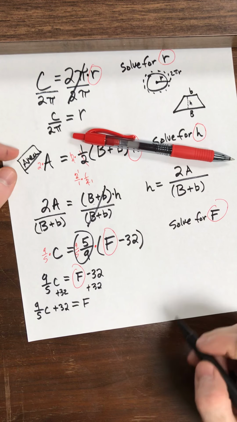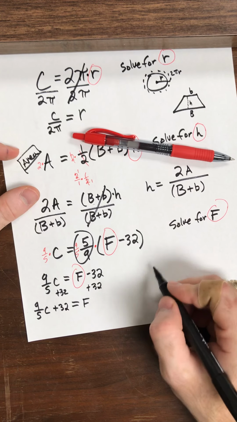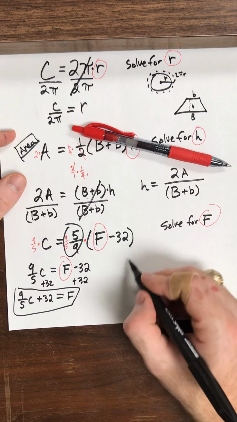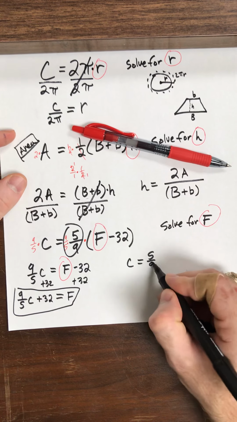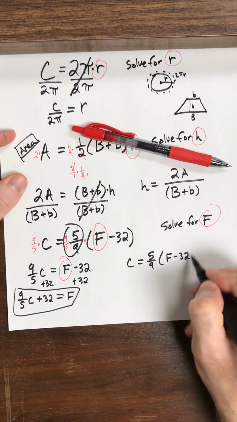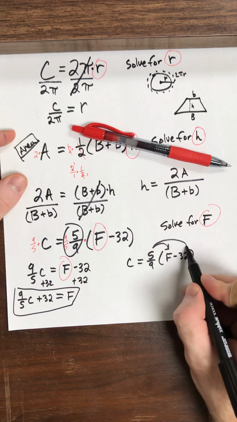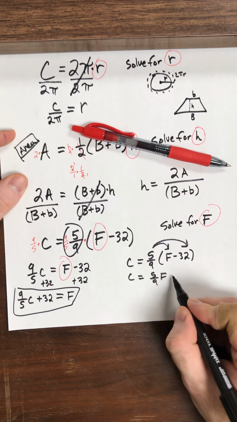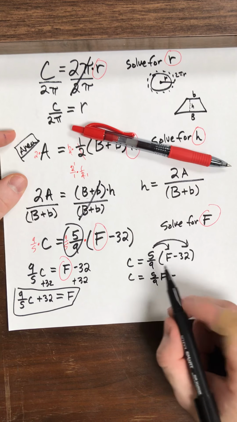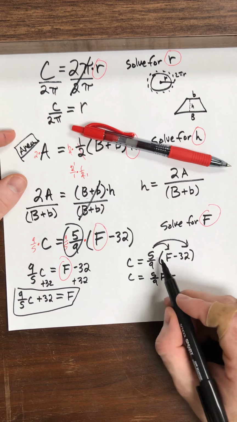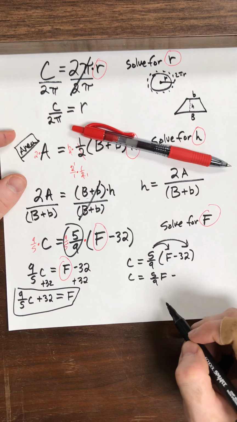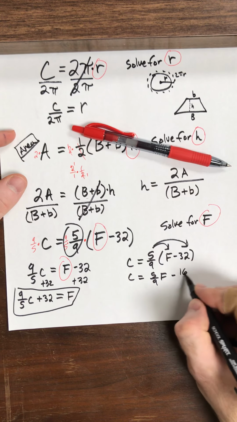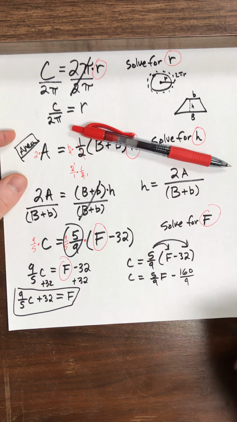Now, you can do this the long way if you want to. That's fine. If you want to see the long way, I'll write it out real quick. If I had c equals 5/9 times f minus 32, say I forgot and I just distributed it, okay? This is c equals 5/9 f minus, oh my goodness, so listen, I should have gotten a calculator here, but this is 32 times 5, so that's at least 150, that's 160, so negative 160 divided by 9.